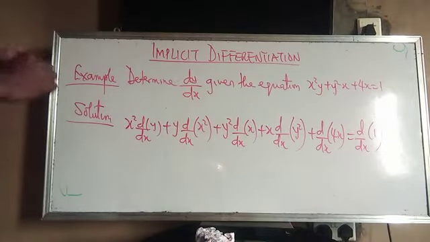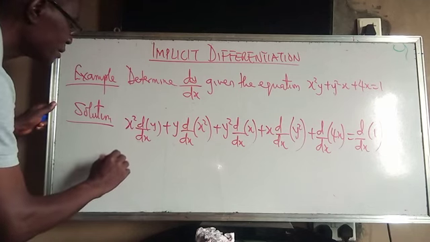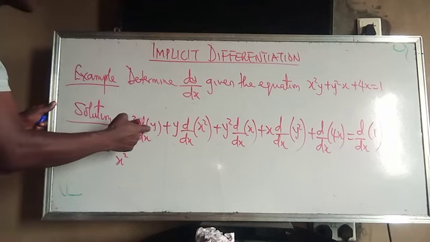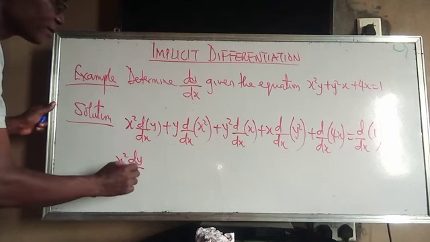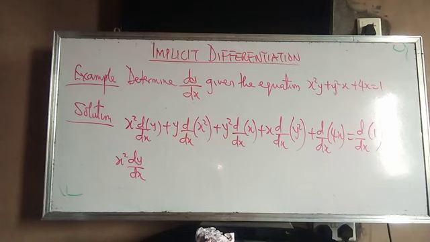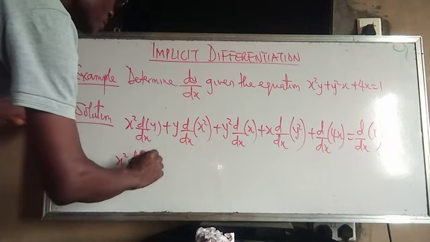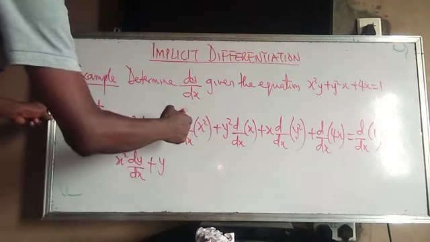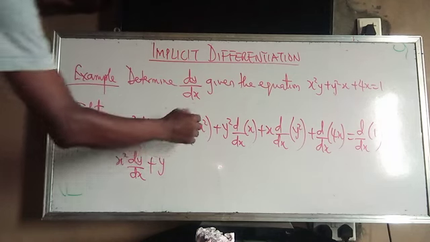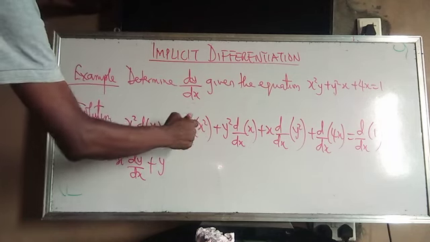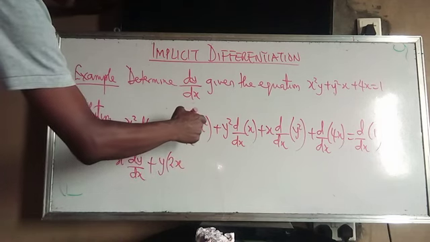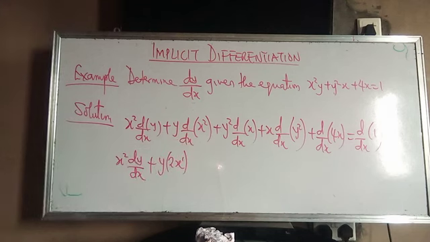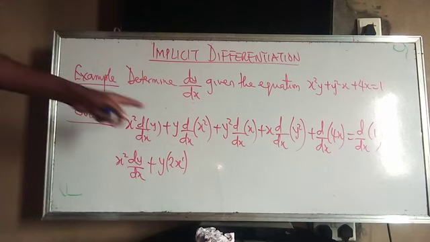Now let's go ahead. Now x squared multiplied by d of y/dx is dy/dx, plus y. Then you now differentiate x squared. When you differentiate x squared, 2 times 1 here, you have 2x. Then you subtract 1 from 2, it's 1. So you can see what I did there. y is a constant.